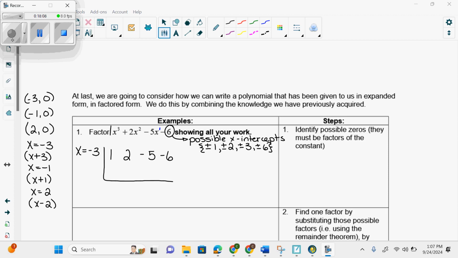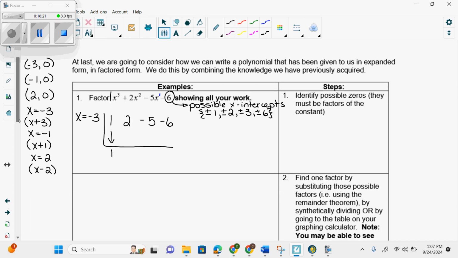But after that, we won't do it. We'll only do this one arrow, this arrow right here. This arrow is to drop down the 1. That is the only arrow we will do after this example. So we drop down the 1 and then we multiply, add until we're done. Literally. I lose people after this, but that's all we're doing.